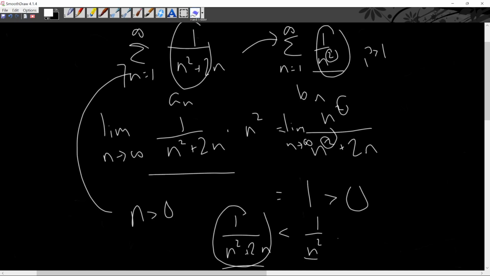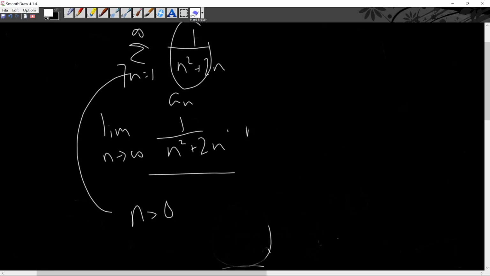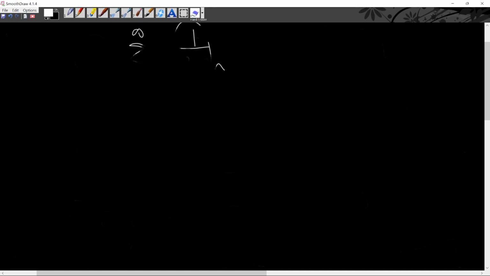But for slightly more complicated series, you might not be able to do direct comparison, or you might be able to, but it's just simpler to do limit comparison. It's not an edge case or anything. Limit comparison tests do have their role, and it's important to see why it works and where it comes from. So let's specify slightly more about this limit comparison test.